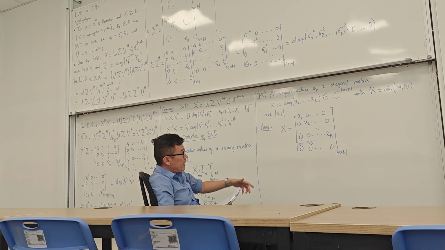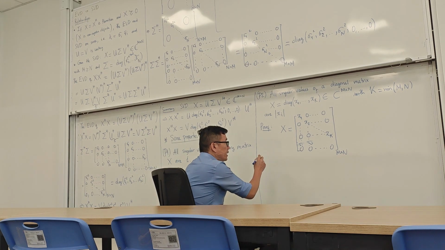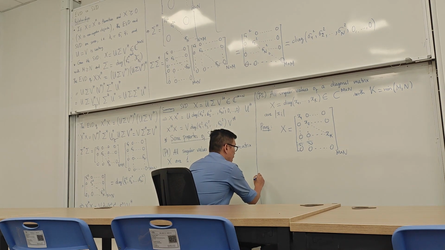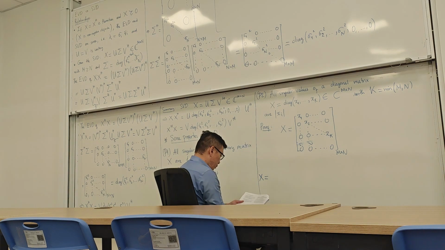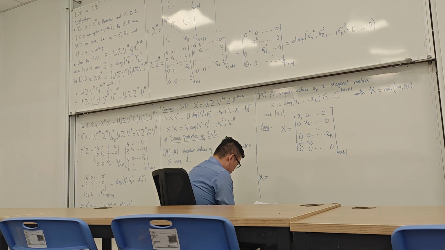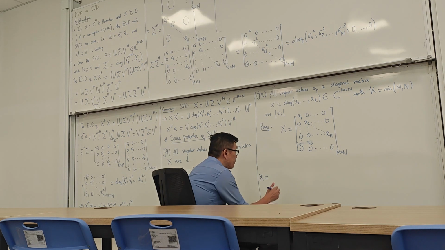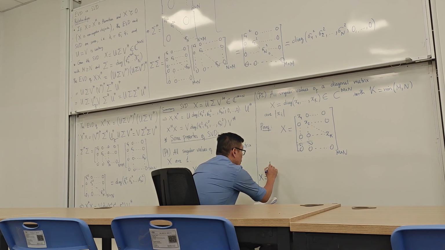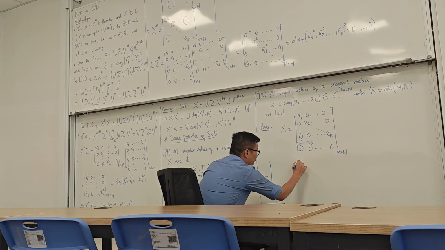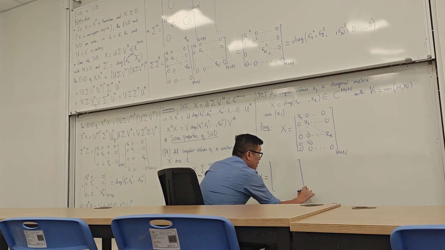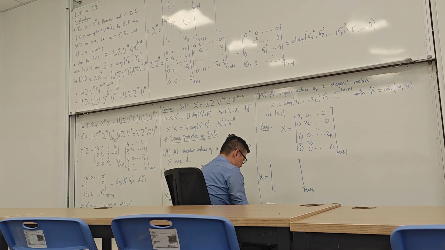If X is like this, then I can write X in the following form, everyone. I have the following vector, vector U, which is an m by n matrix here.